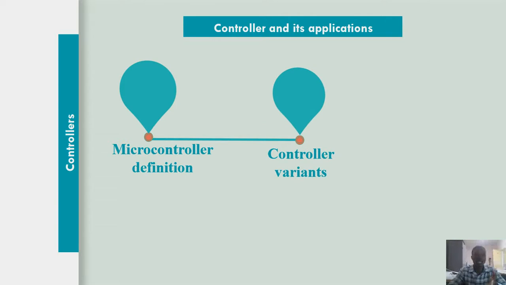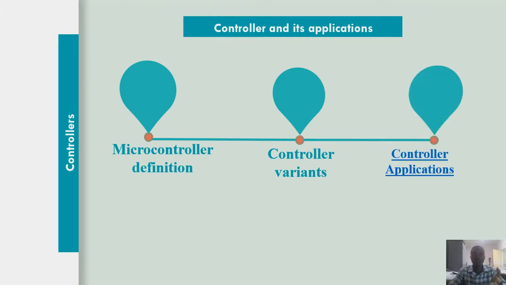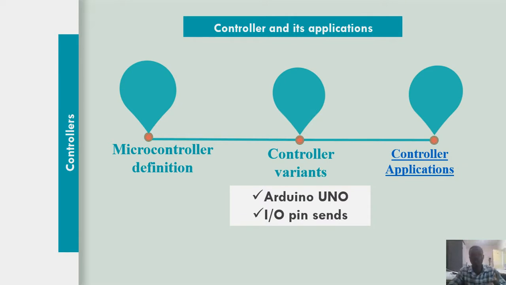We have talked about the controller variants, which are PIC, ARM, 8051, and so forth, and controller applications, and the Arduino, which is the one that we are going to look at in this presentation.